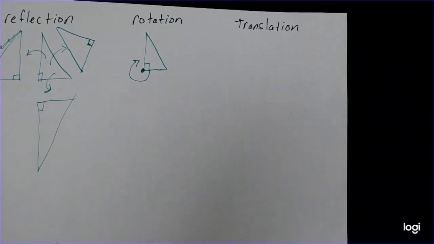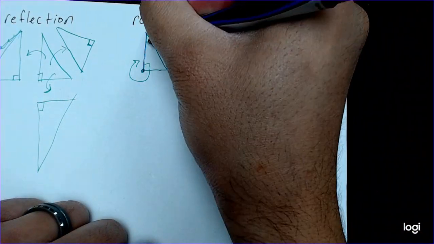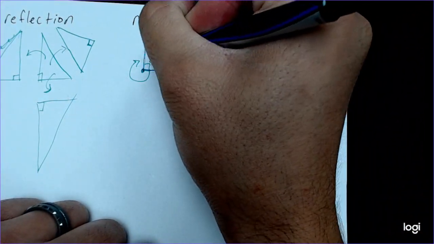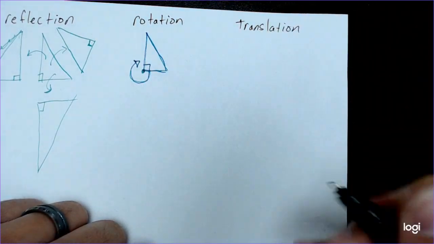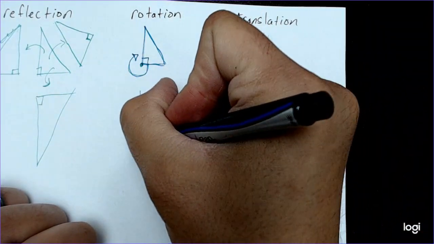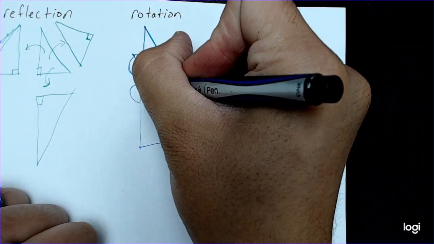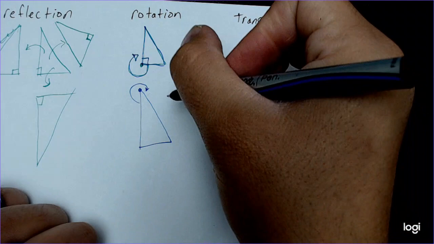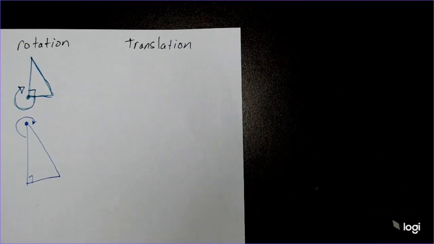I meant to use a different color for rotation. It's never too late, let's switch to blue now. So rotation is keeping one vertex in a single spot and then rotating around that vertex. I could do that around any of the three vertices. That could be my rotation vertex, and I could rotate that way, or I could even use the other one.